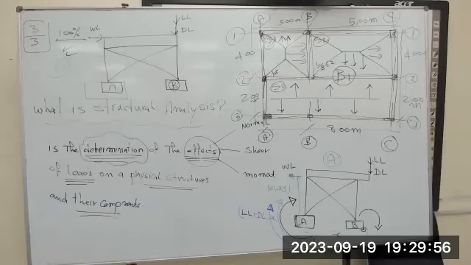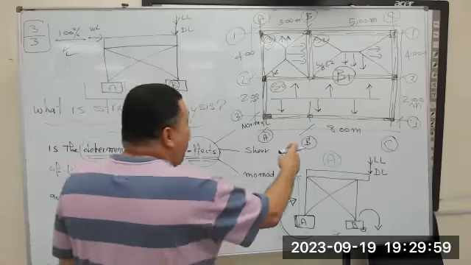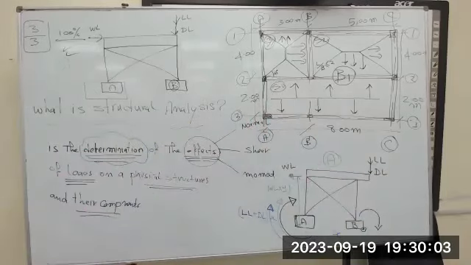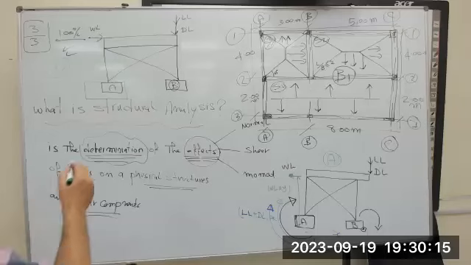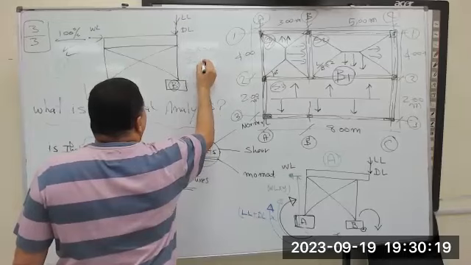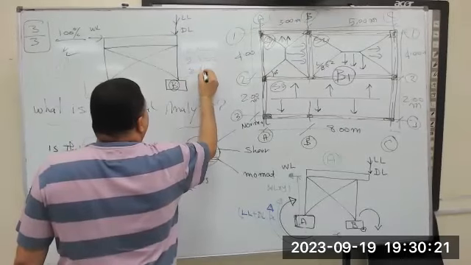Determinate about the system: the system is determinate or indeterminate. As I said to you today, equilibrium means what? Sigma x is equal to 0. Sigma y is equal to 0. Sigma moment at any point is equal to 0.